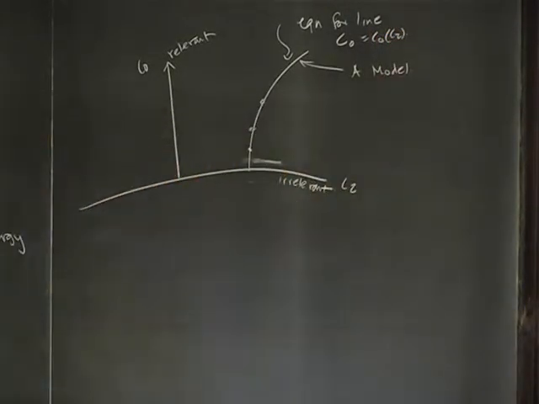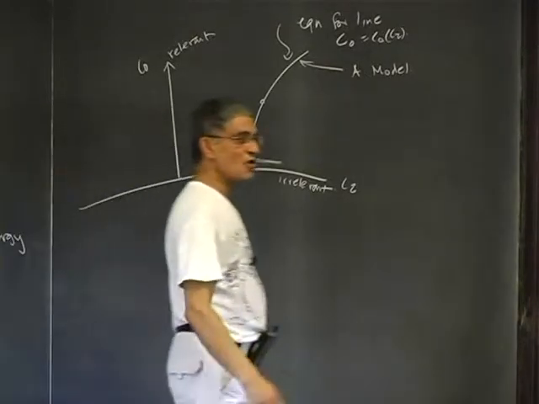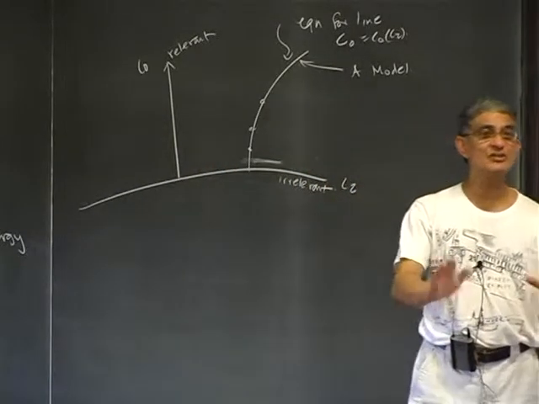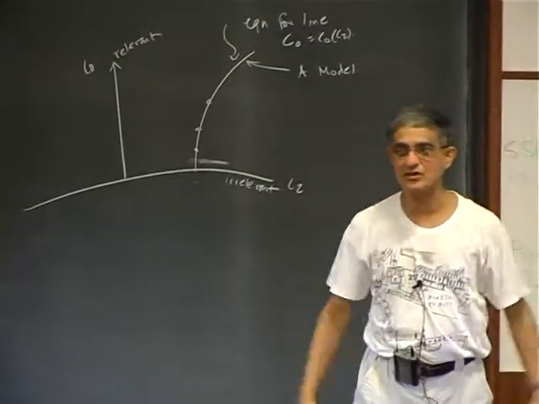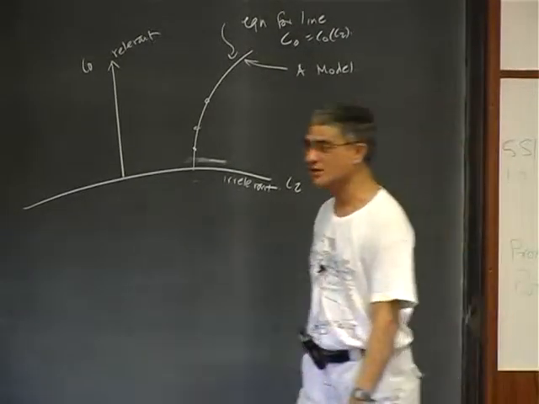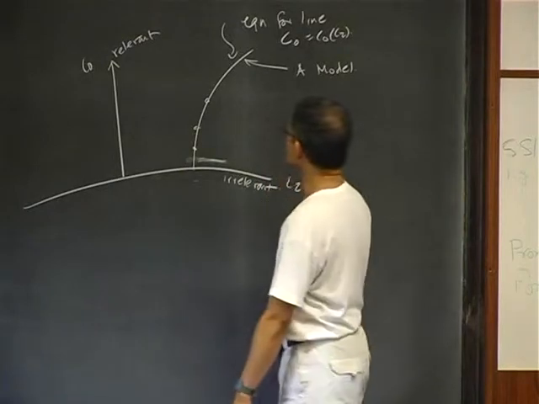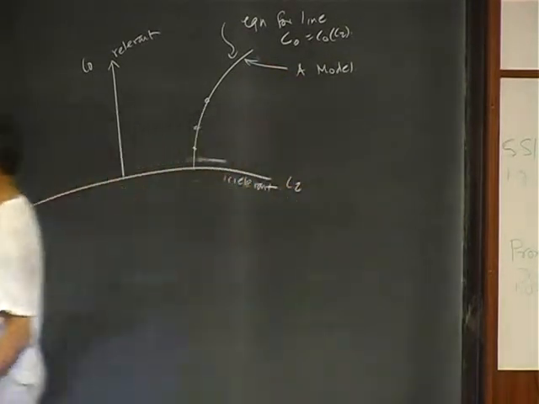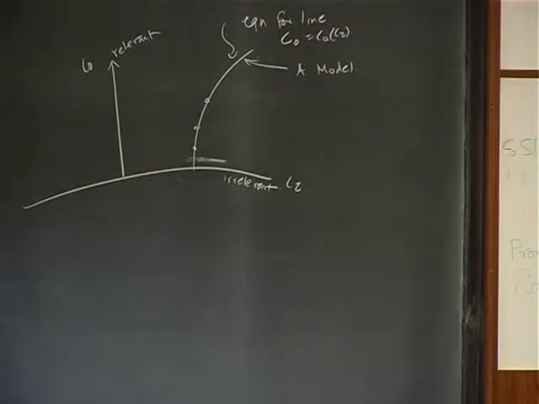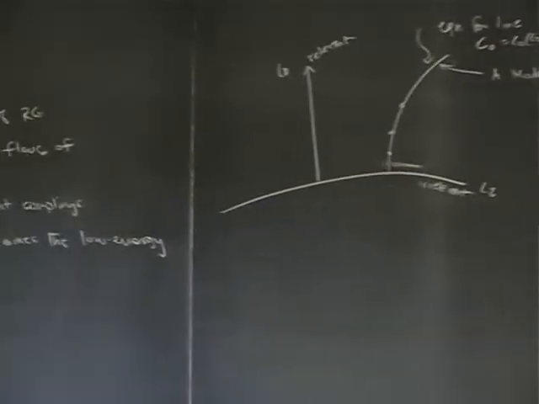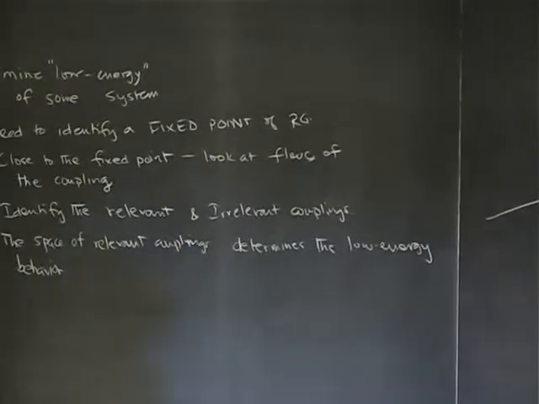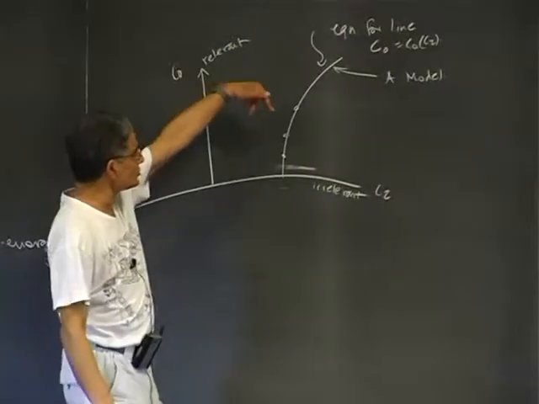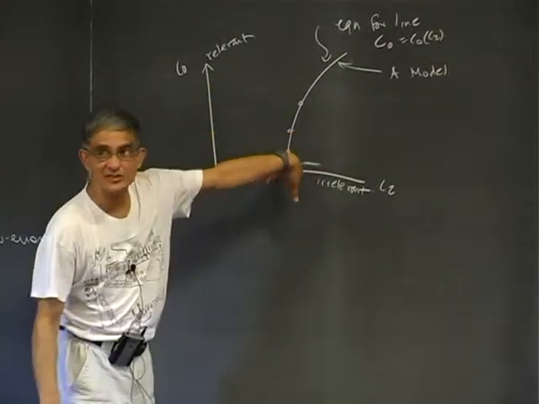Okay. So then we argued that if I am to consider the low energy limit, or in other words what in field theory is called the continuum limit of this theory, what I need to do is to take a sequence of theories on this line. That means in this language a sequence of theories with different values of r, which successively come closer and closer to this line C0 equal to 0.